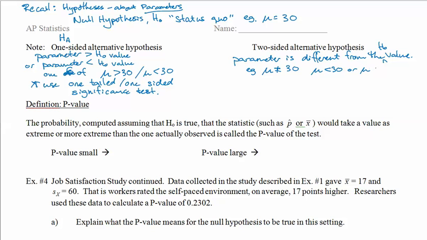It could be in either place. So in this case, we would use a two-tailed or two-sided significance test. So we'd look at both sides of the distribution in order to make our decision on our test.